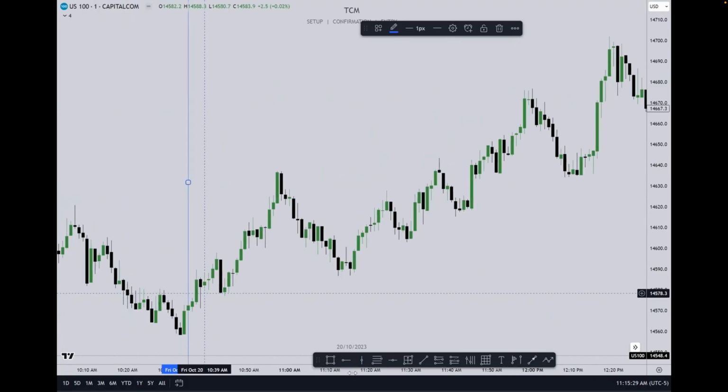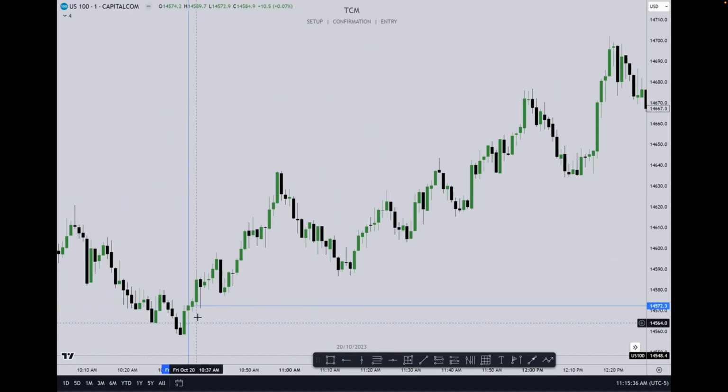What I want you to see is this. Since the open of 10:36, one, there is no 3-bar swing low below here, right? Everybody can see that, right? Cool. Then we start to trade higher. What does that mean? Nothing. It means the market is just trading higher.